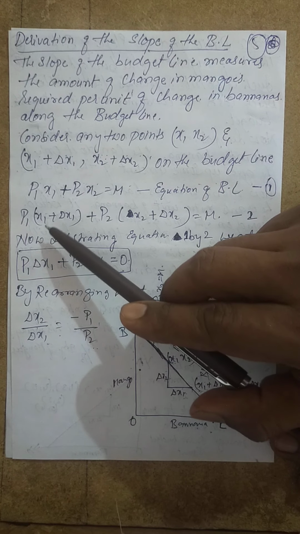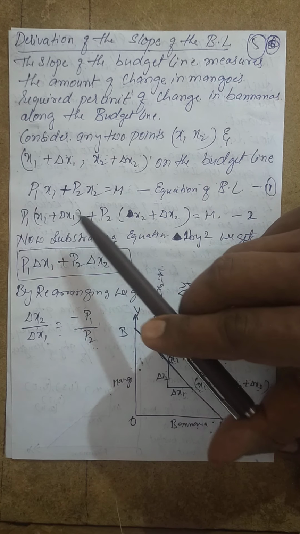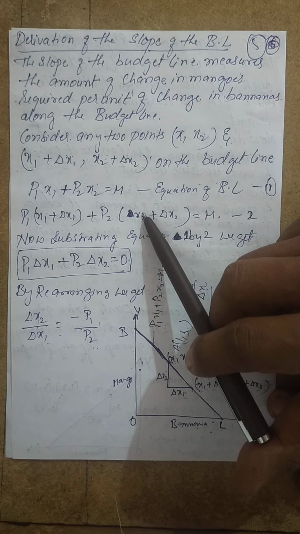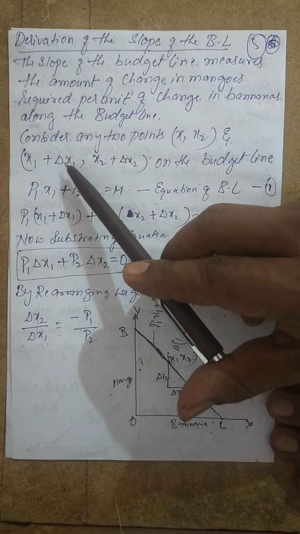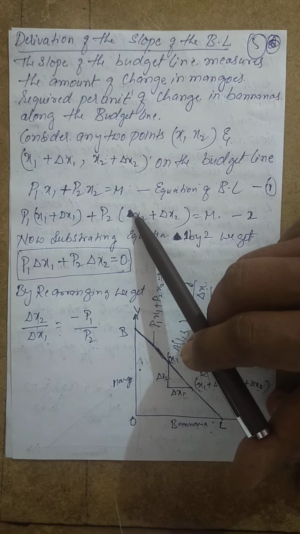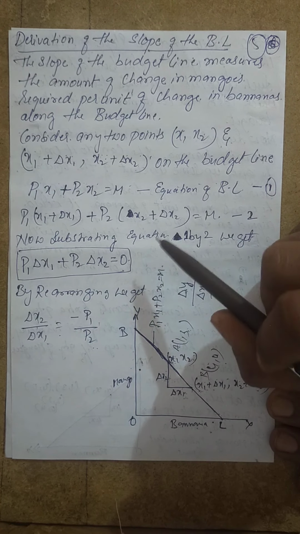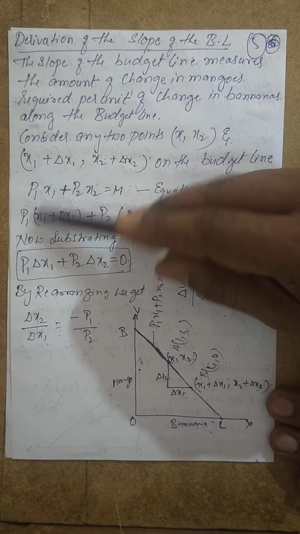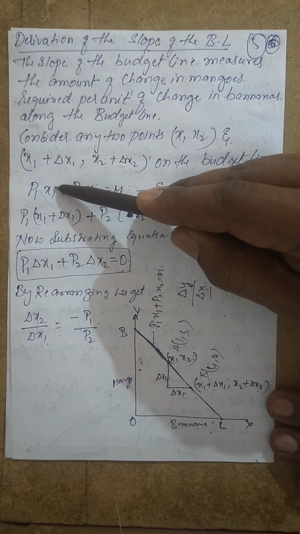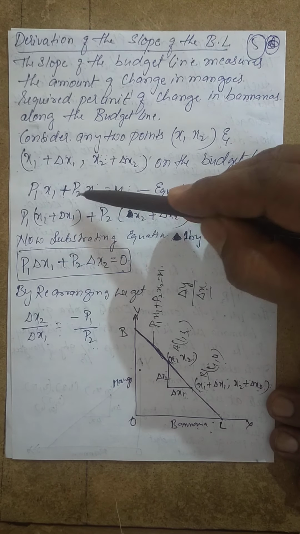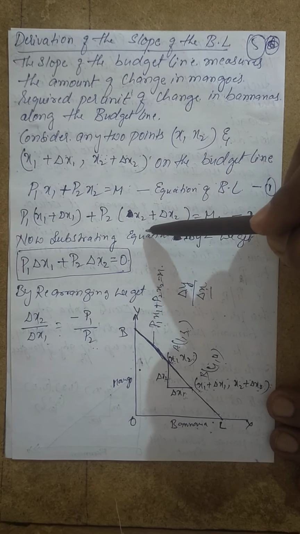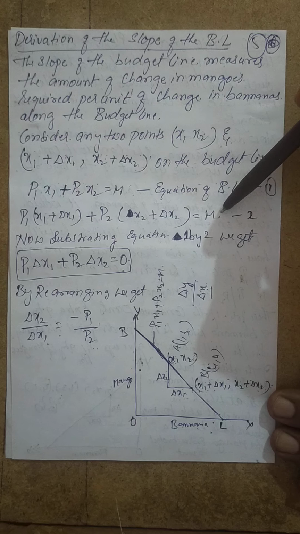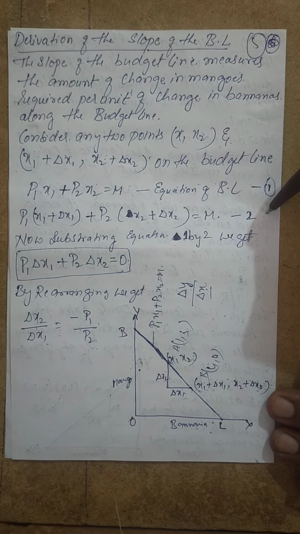That is nothing but the change in x1 with respect to x2, whatever happens. So x1 can also be written as x1 plus delta x1, and x2 can also be written as x2 plus delta x2, okay. So P1 (x1 plus delta x1) plus P2 (x2 plus delta x2) is equal to m, which becomes equation number 2.